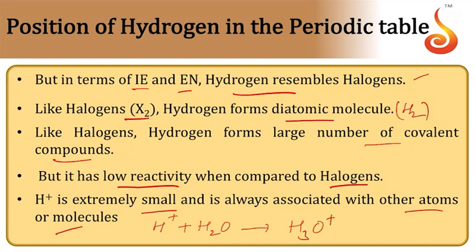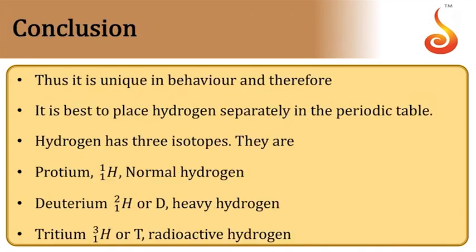So H plus is extremely small and always associated with other atoms or molecules. Thus, it is unique in behavior and therefore it is best to place hydrogen separately in the periodic table.